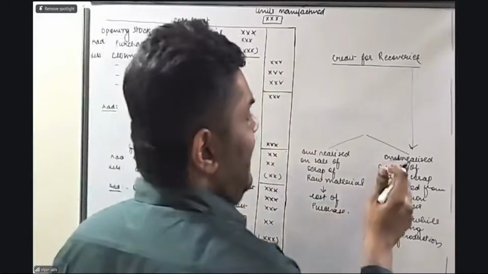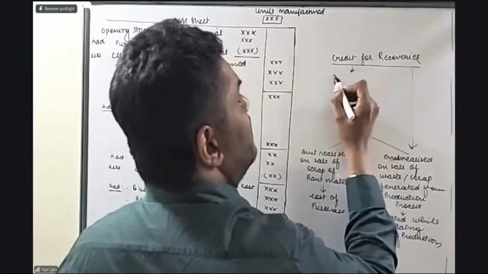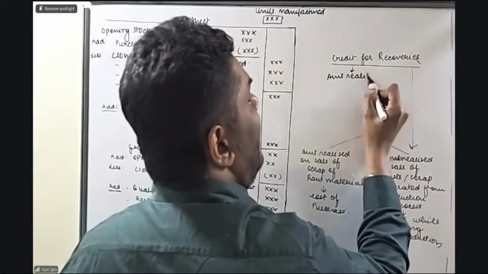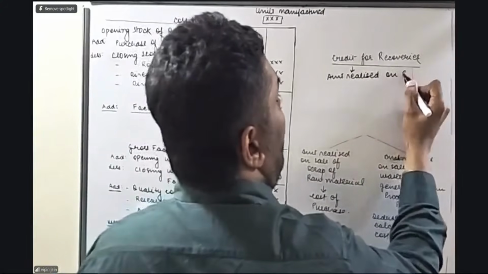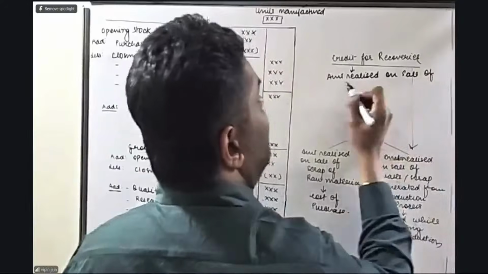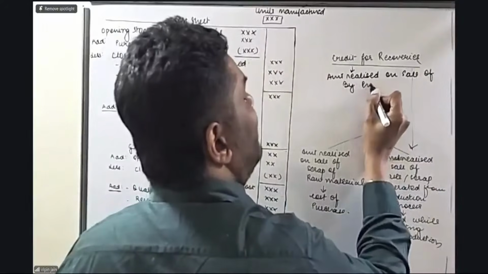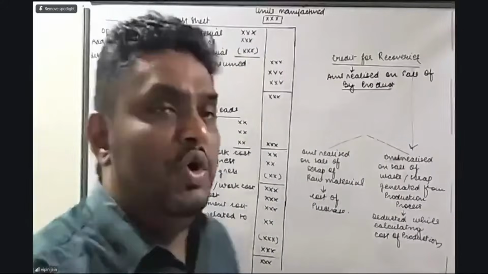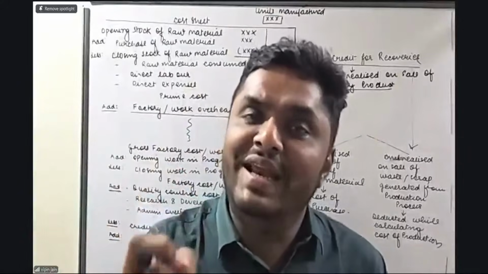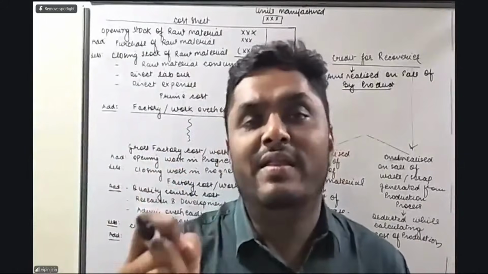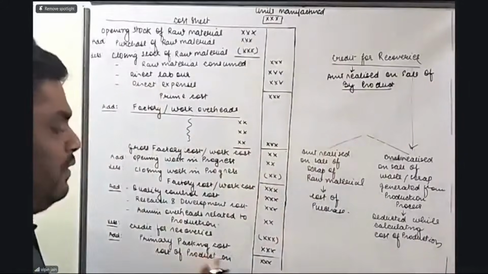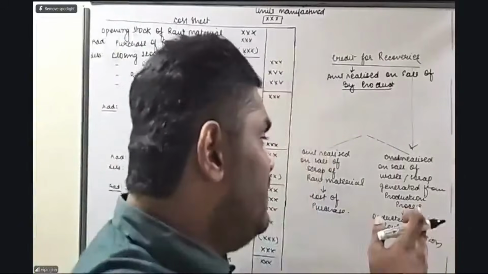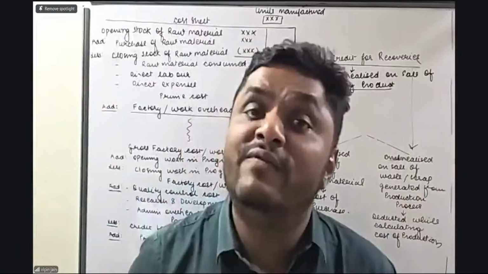We also call this the amount realized on sale of byproduct. So in short, if any amount is realized on sale of byproduct, that amount will be deducted while calculating the cost of production. When talking about byproduct, what is byproduct?